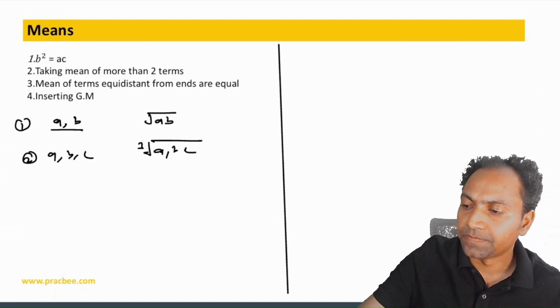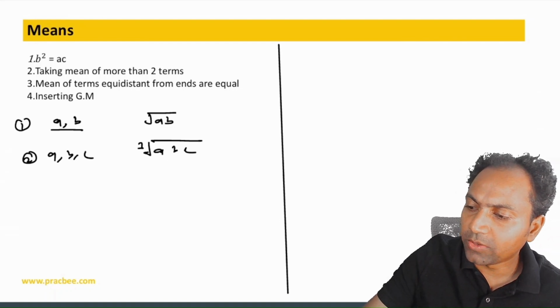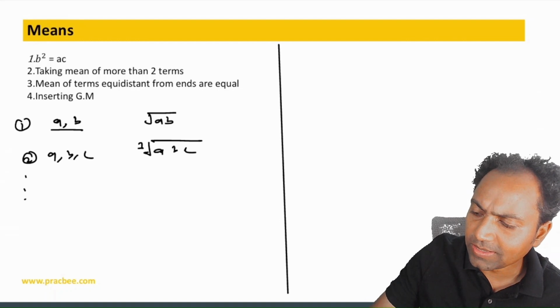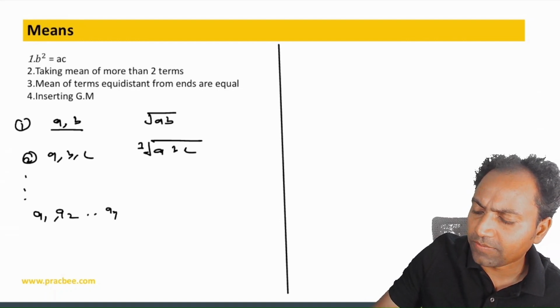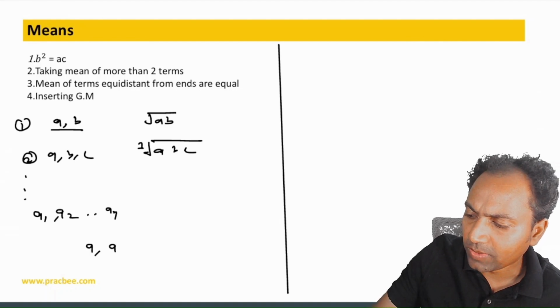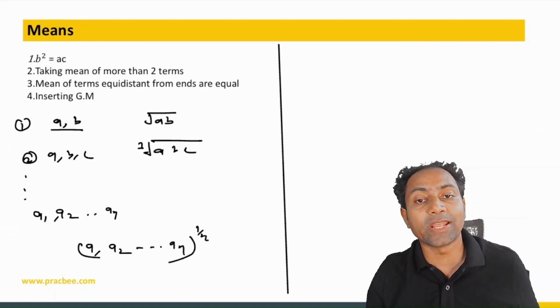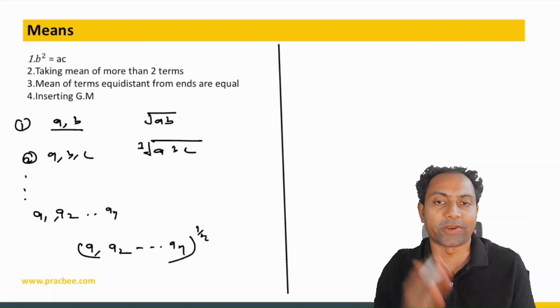This is the answer. Now if I do the same process for n terms, A1, A2, A3 up to AN, I am going to multiply them till AN and put 1 by n in the power. So this is the concept of means. So if you have to take mean in GP, this is what it means.